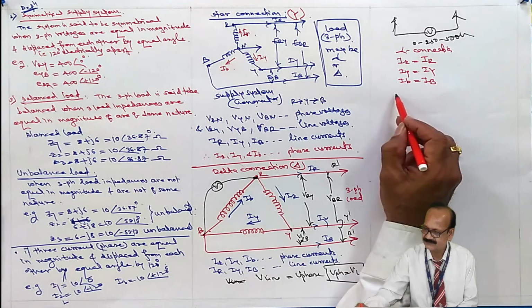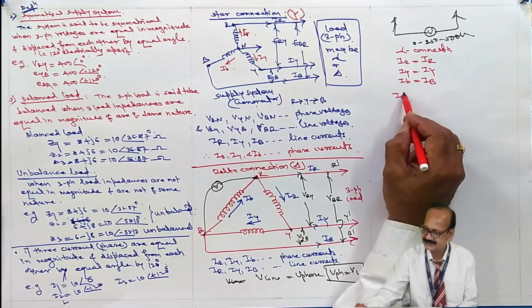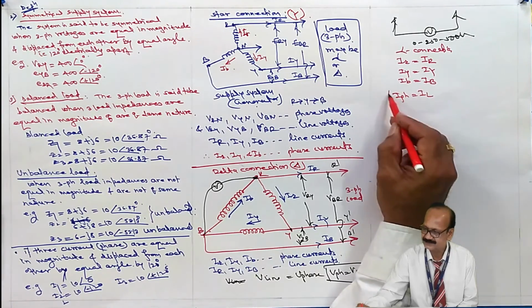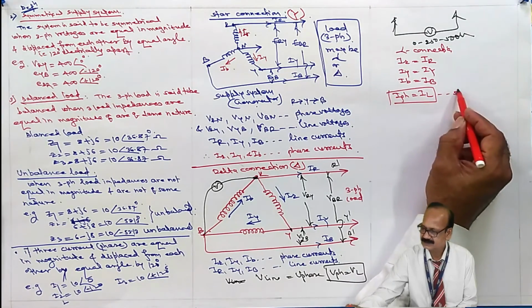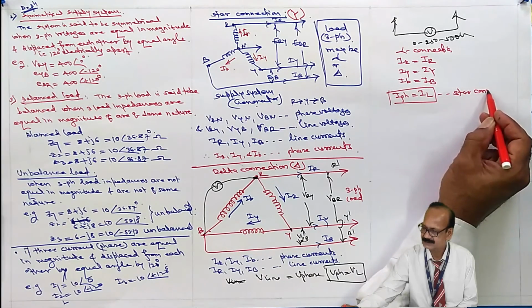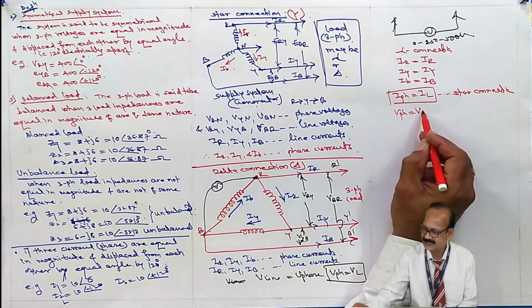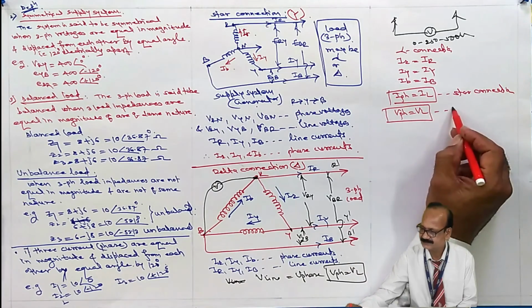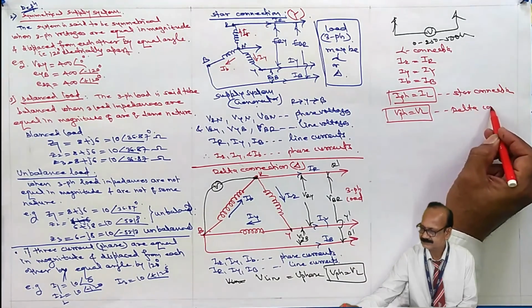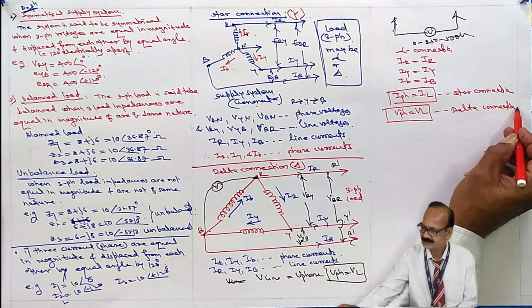So the conclusion we can make is IPH equals IL for star connection, and phi PH equals phi L for delta connection. Okay, we'll stop here.